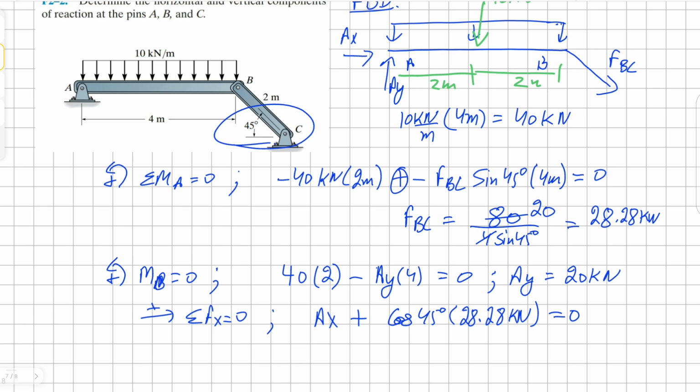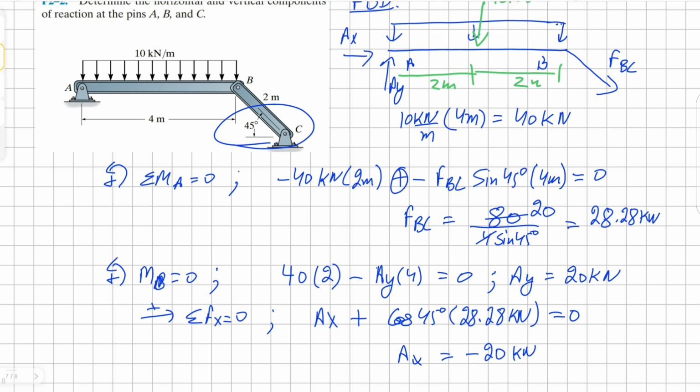Solving this, we get negative 20 kilonewton as our answer for AX.